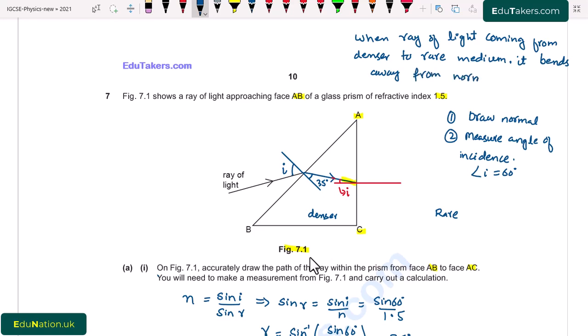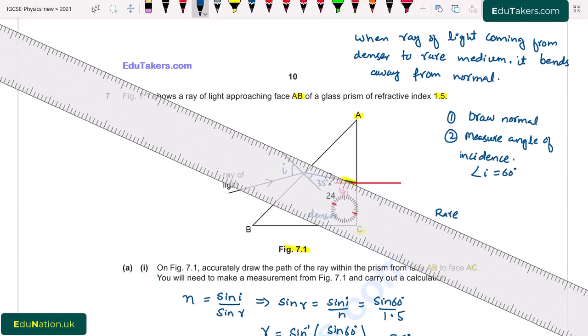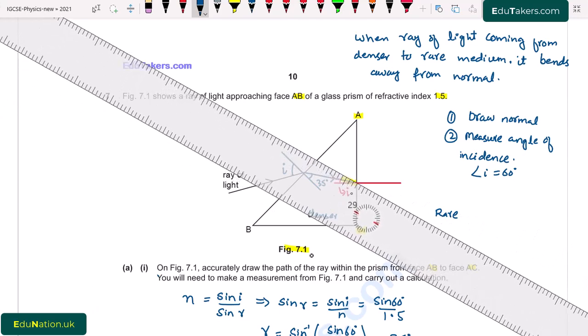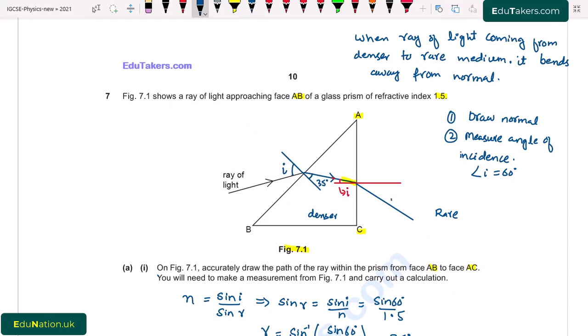So when this ray leaves the prism, it will bend away from this red line, the normal line. I will redraw it as this. This is the ray coming out of the prism. So this is the path of the ray of light when it leaves the face AC.